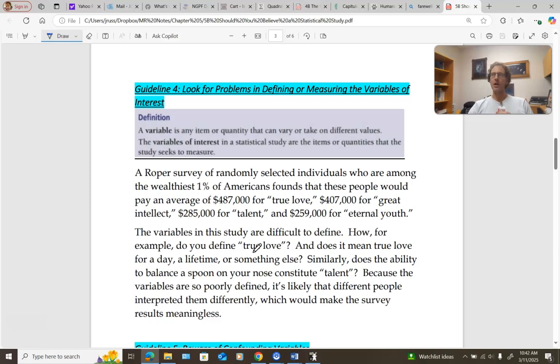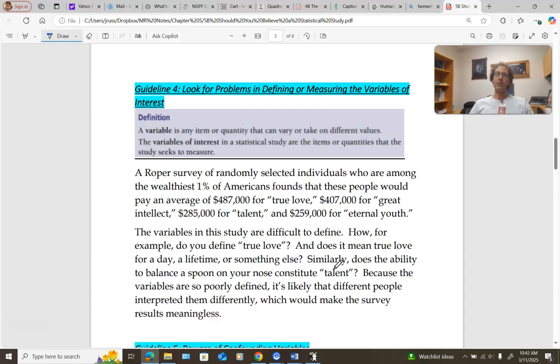This person was my true love, or the person that I was maybe meant to be with. Okay, but they're not with them anymore. So, similarly, does the ability to balance a spoon on your nose constitute talent? So, what does it mean to be talented? How do we define that? So these are very vague variables, and it's very difficult to define them.